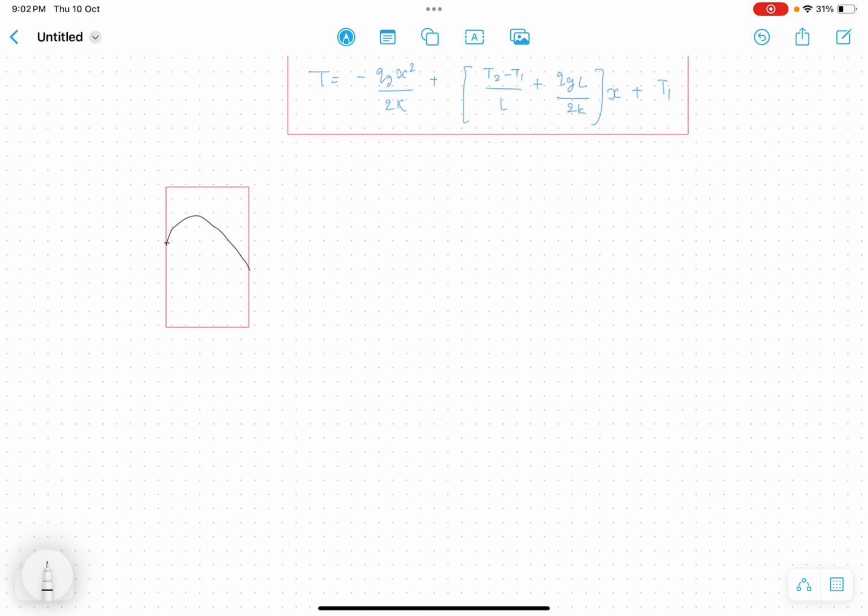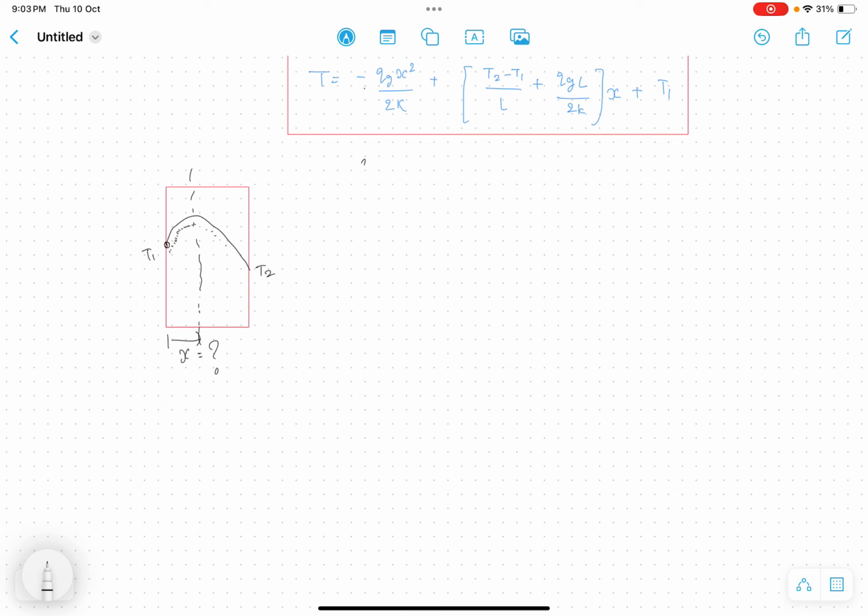Because at x equal to 0 some T1 temperature, and at x equal to L some T2 temperature, and because of heat generation, the temperature inside at every point will increase. And since it is downward, as we keep going forward the temperature will again decrease because of the downward facing parabola, but we don't know where the maximum temperature will occur. So we have to find at which location the maximum temperature will occur.